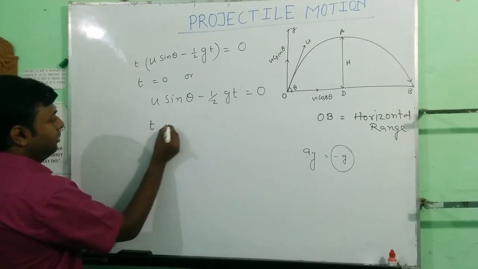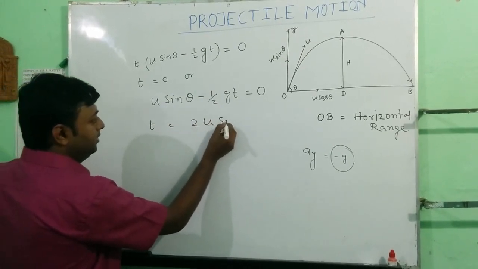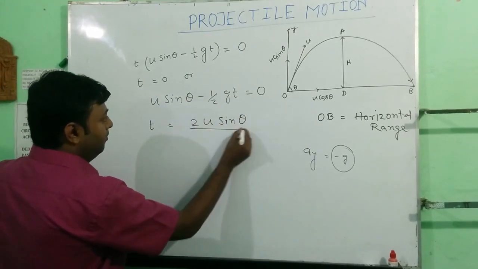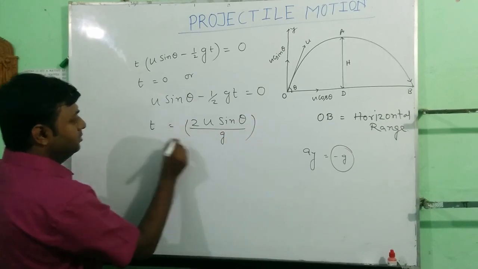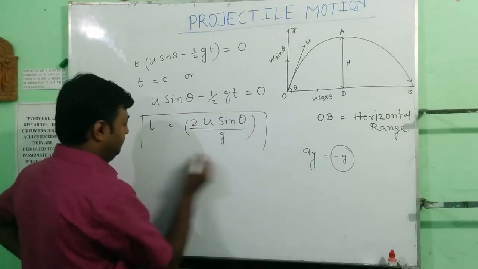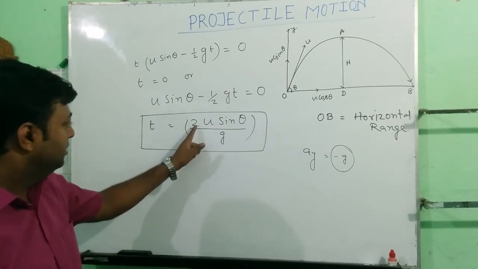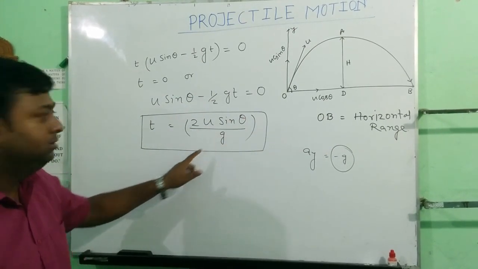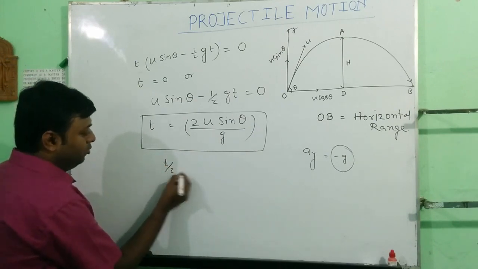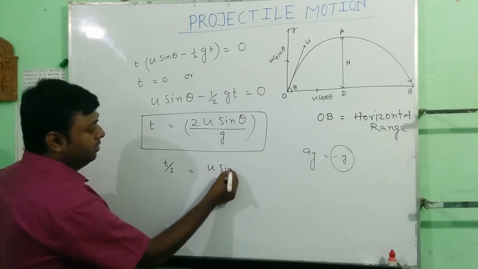That is t equals to 2u sin theta by g. It is the time of flight. That means it's 2 into u sin theta by g. That is, we divided T by 2, that is u sin theta by g.